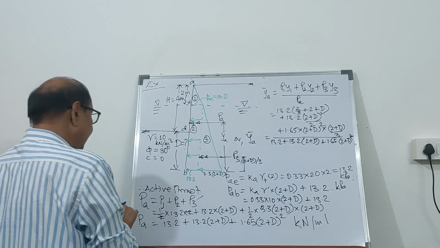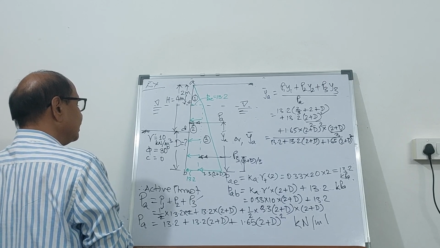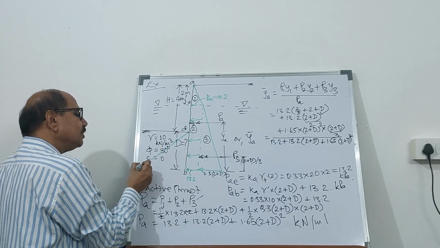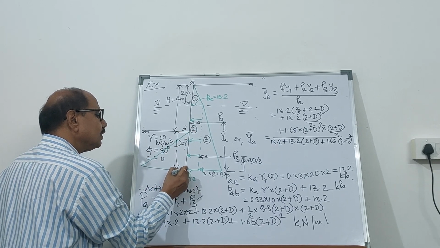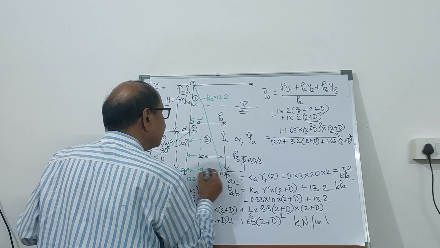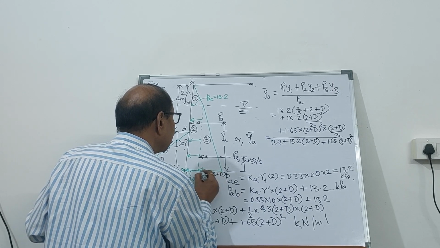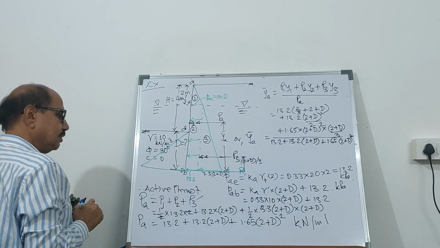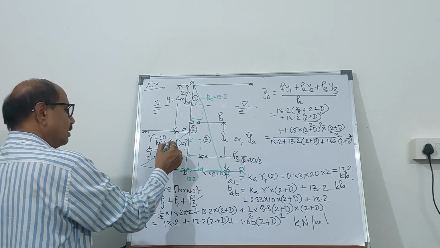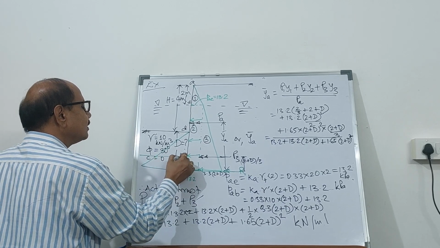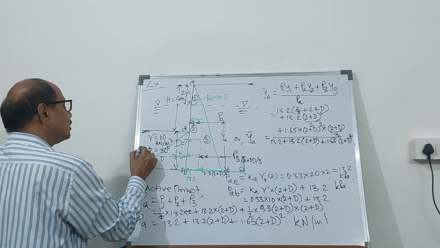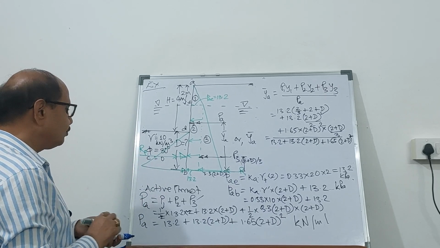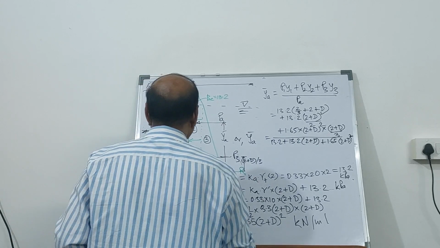Now, what about RP? As I have told you, RP will be from here up to here, and here RA will be there. We need not calculate this. We need to calculate the force RP.